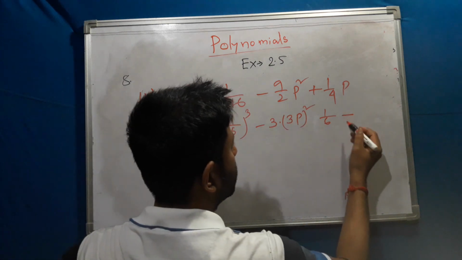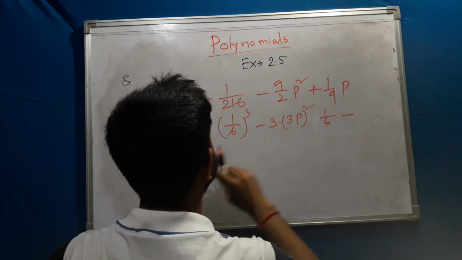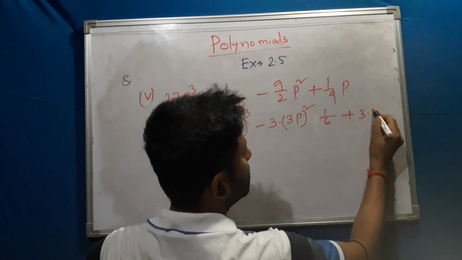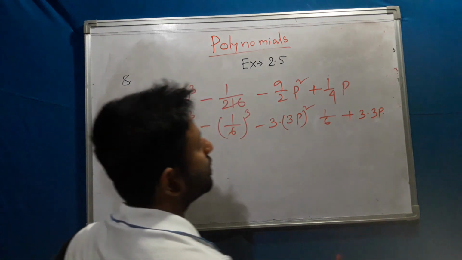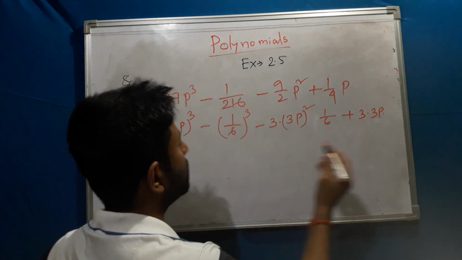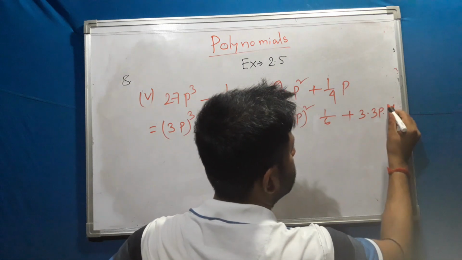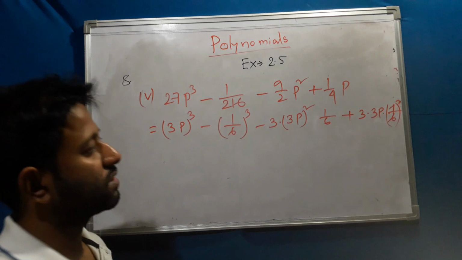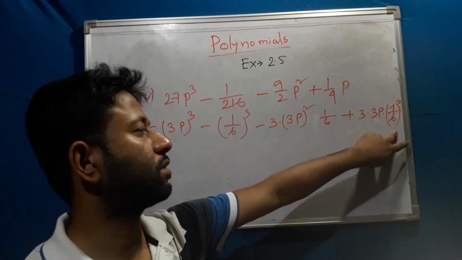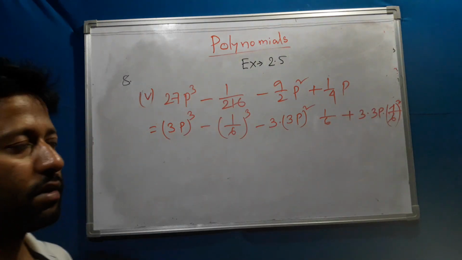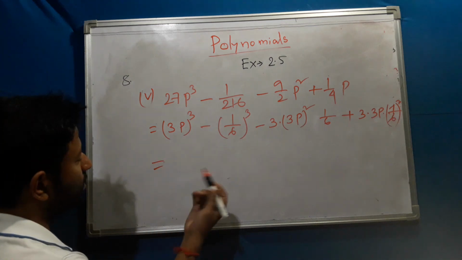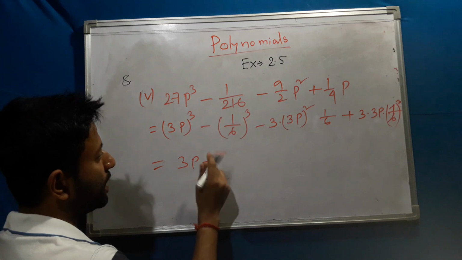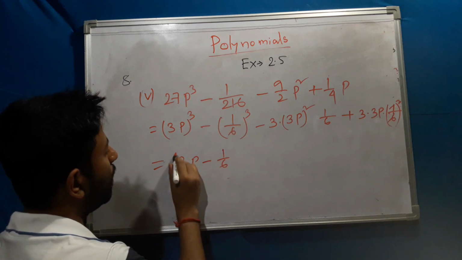Then plus 3ab square means 3p into 1 by 6 square. 1 by 6 square means 36. If you cut by 9, it will come 1 by 4. So 1 by 4 p. Exactly, it's nothing but a formula, that is a minus b whole cube.